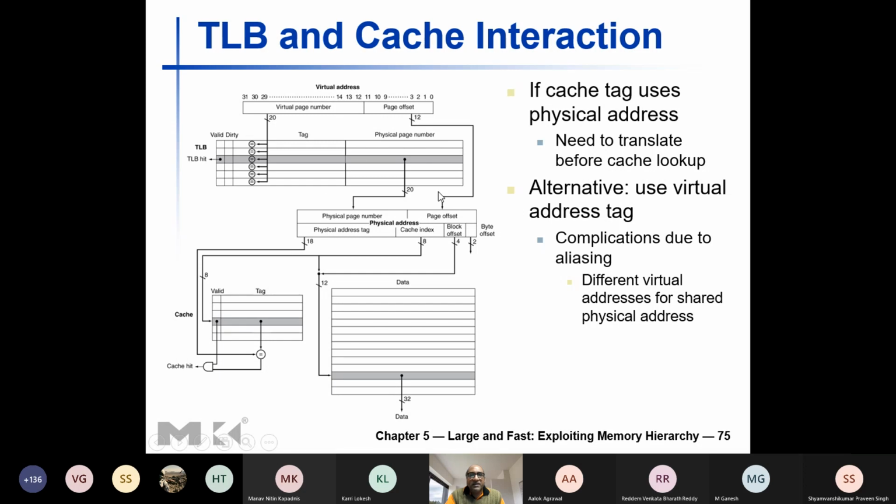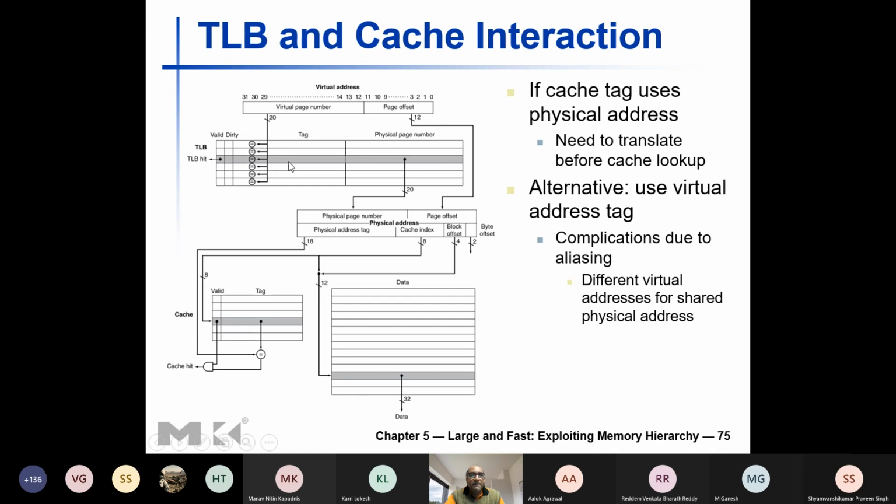So again, to minimize the time, sometimes caches are organized and indexed based on the virtual page number directly. In that case, the formation of the physical address is not required. First, based on the virtual address, we check whether this virtual address is present in the TLB or not.